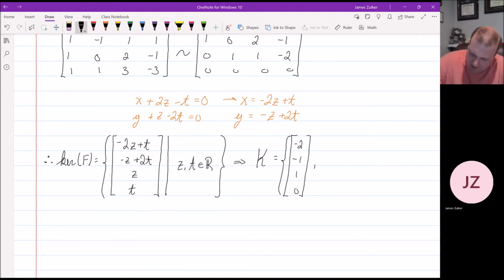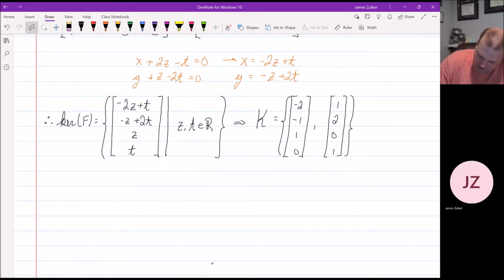Now let z be 0 and t be 1. Then we get this vector. This set clearly spans the kernel of f.